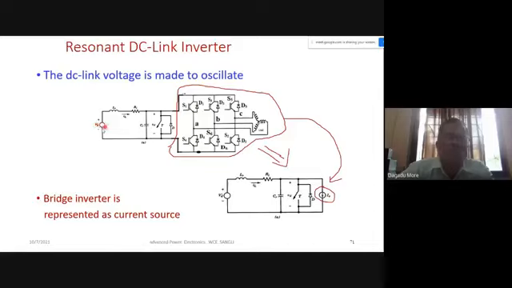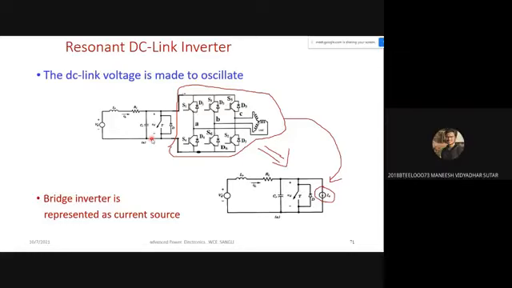If a voltage VD is there, our voltage across this DC link may go up to 2 times VD, or sometimes it may be 3 or 3.5 times the DC, depending upon the amplitude, which can be controlled. So is it clear now how the oscillations in the DC link can be made? Any question up till now? No, sir.